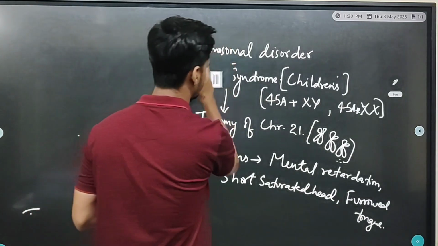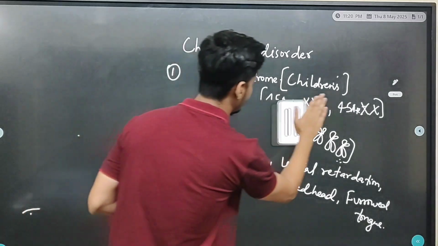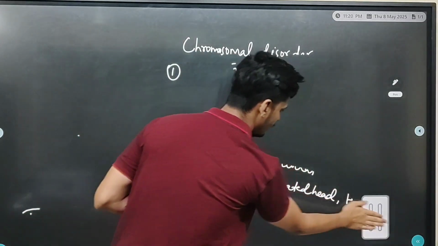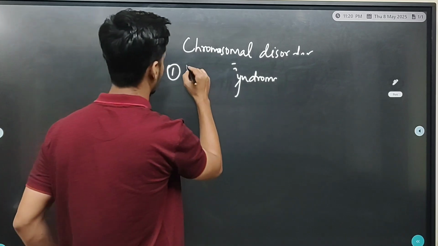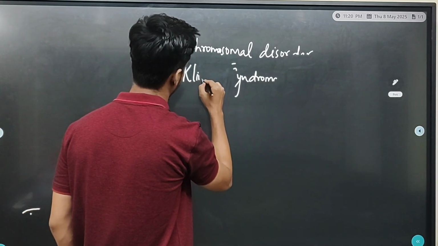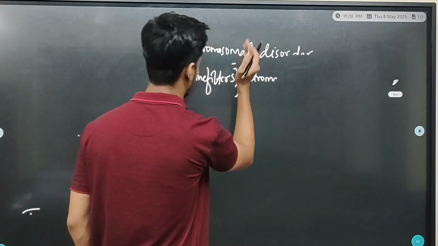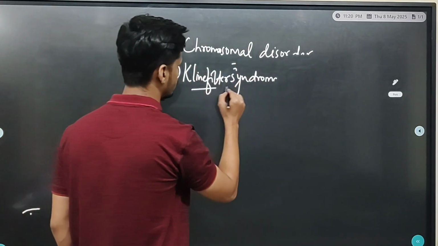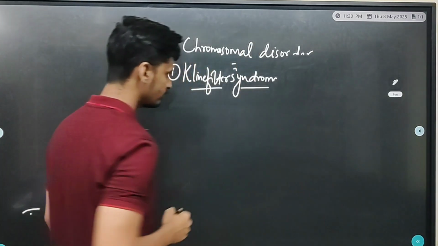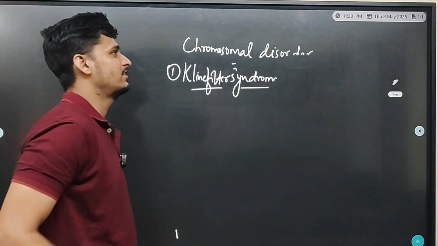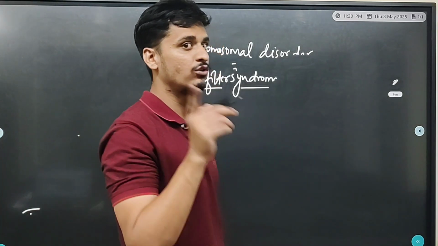Next syndrome is Klinefelter, which is generally seen in males. So what happens in Klinefelter syndrome? There is an increase in one allosome.